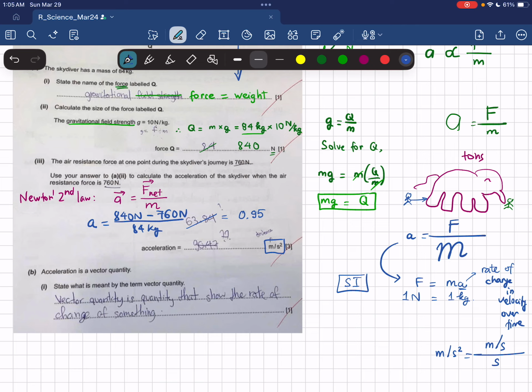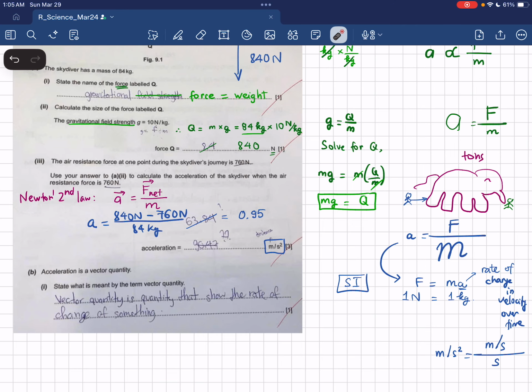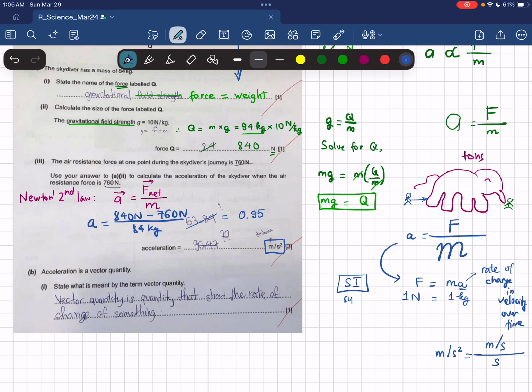So as long as you have the force measured in Newton in the SI system, and the mass measured in kilogram, then automatically the result will be measured in meter per second square, because we have all the units in the SI system already. This is the SI system of units.